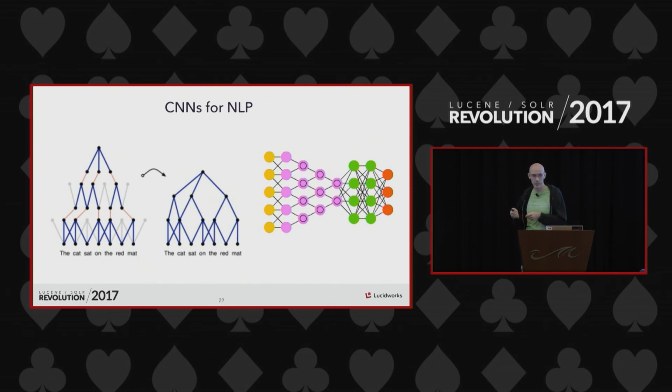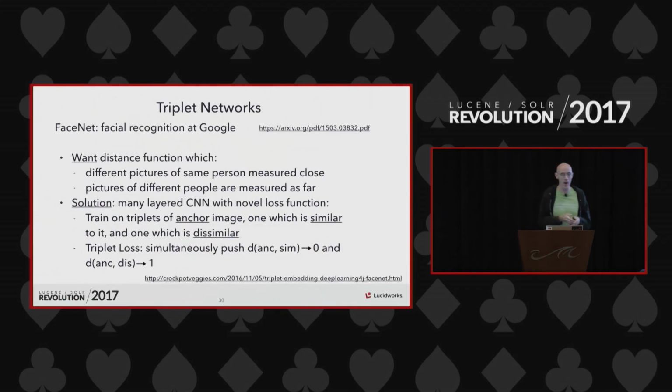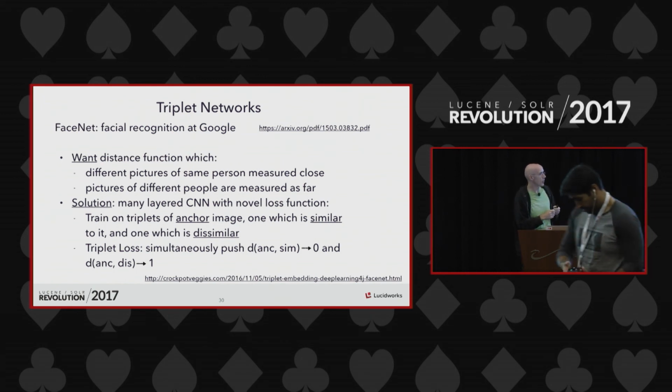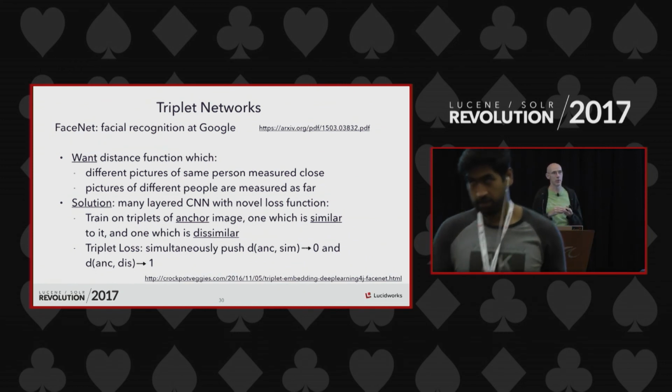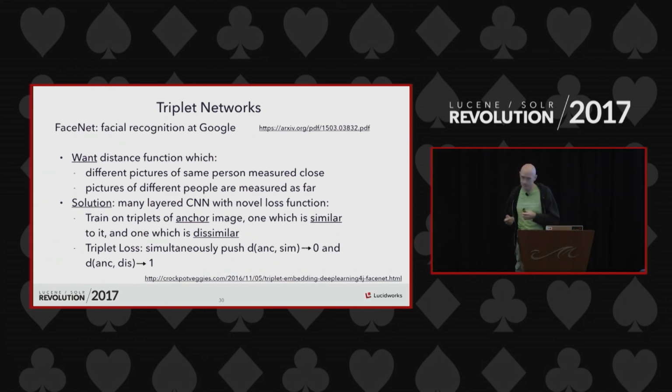I didn't find one, but I found something that had a way of generating similarity metrics. This is the FaceNet paper out of Google, where they want to do facial recognition. What they wanted was a distance function where pictures of the same person, even from different angles, are measured as the same, but different people are measured as far apart.